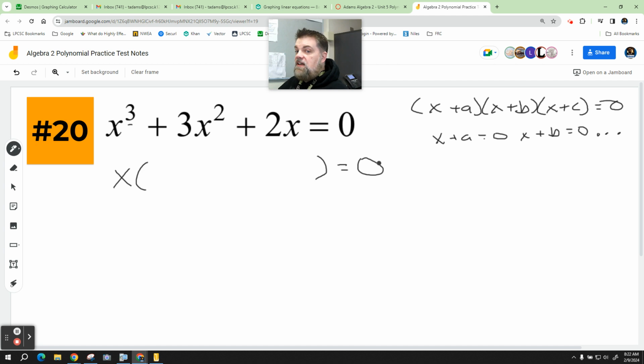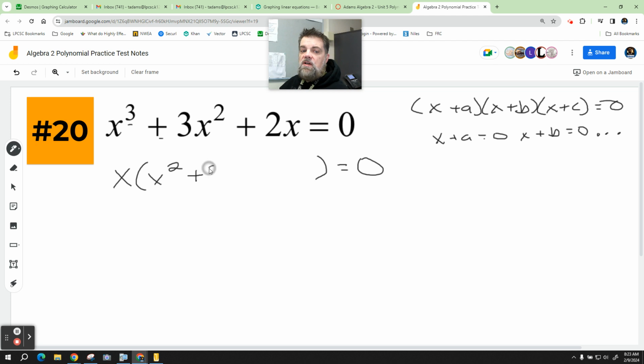But we could do synthetic division, we could do long division, and we could just factor. So when I factor this out, what do I multiply x by to get x cubed? X squared, right? In other words, if I multiply this times this, I'm going to get this. So in the next term, what do I multiply x by to get 3x squared?